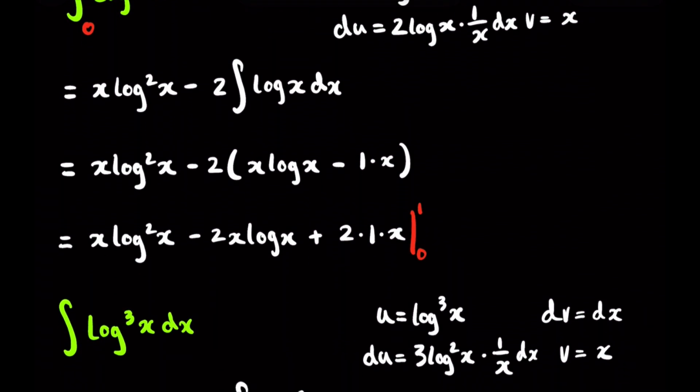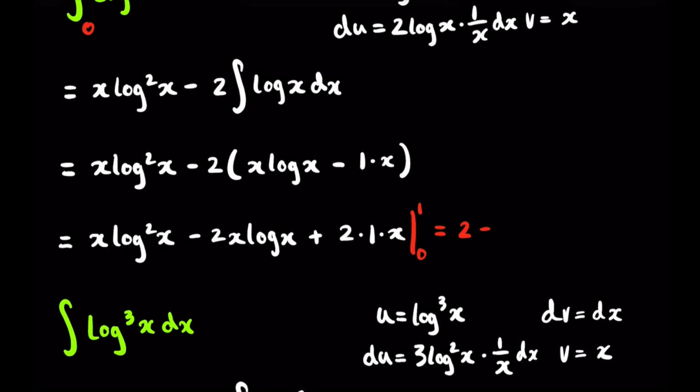Well, we know that every term that has a log x, when x is equal to 1, that log x would just be equal to 0. So every term here that has a log x would just be 0. And so we are left with the 2 times 1 times x, and that just gives us 2. And minus this evaluated at 0.